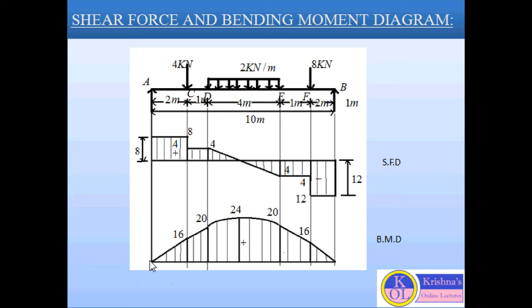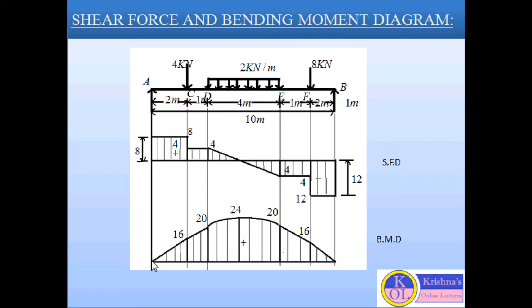Now at point A, the value of bending moment is 0. At point A, MA equals 0. So this is the position of bending moment at point A. Now at point C, the value of bending moment is 16 kilonewton meter, so it will be represented by a linearly inclined line from 0 to 16.